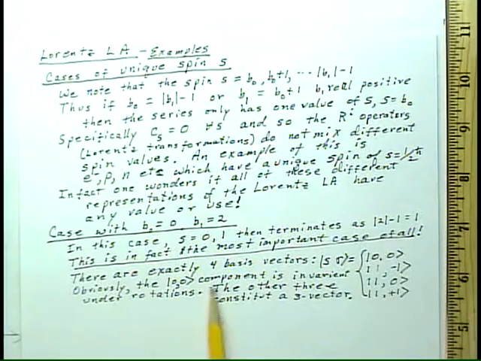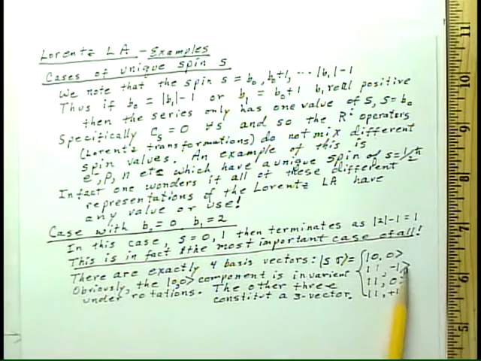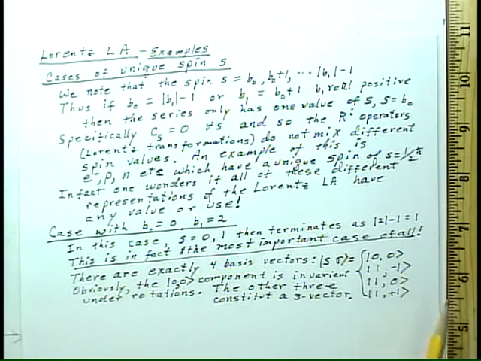Obviously, the 0, 0 component is invariant under rotations, and the other 3 constitute a 3 vector. We actually have to take a linear combination of the spin plus 1 and spin minus 1, to get an x and a y coordinate, and this then becomes the z coordinate.